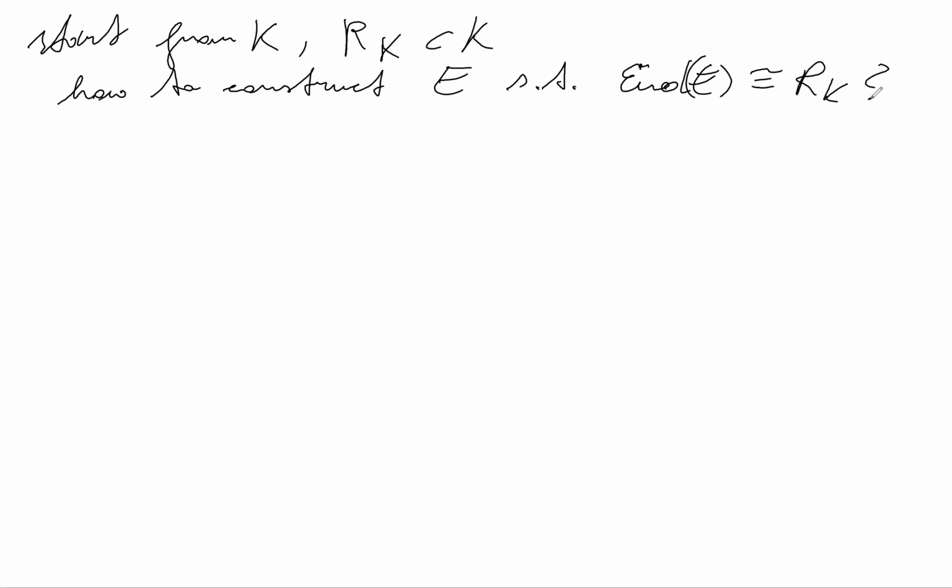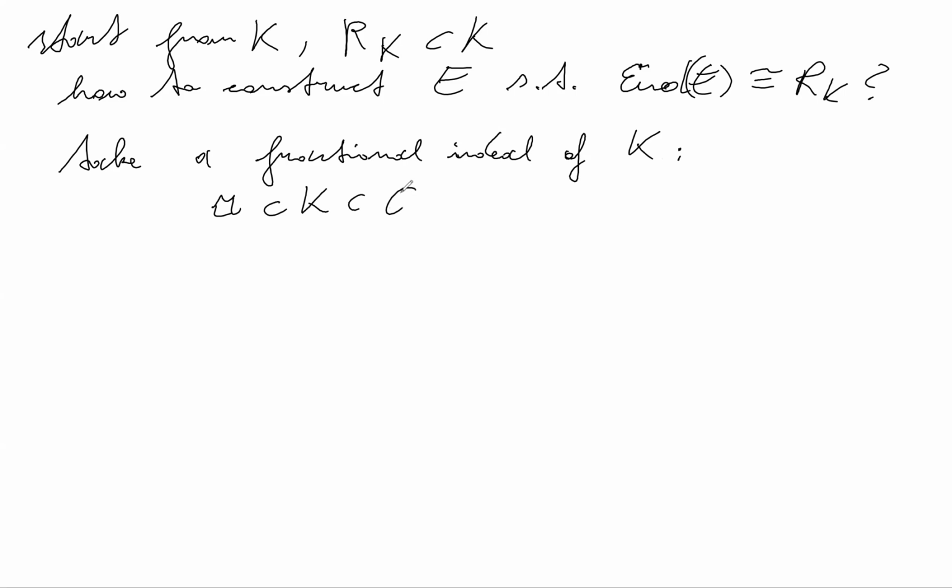So what you do is you take a fractional ideal of K. So say we take some fractional ideal A of K inside C, then the theory of fractional ideals actually tells you that A is a lattice.